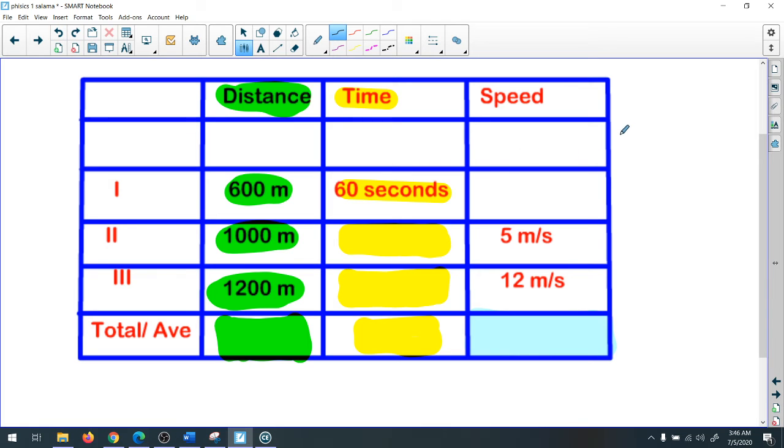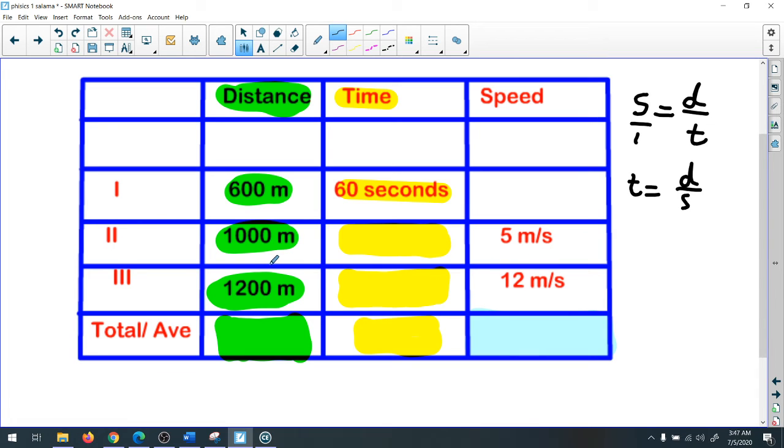I don't want you to write down many formulas, because students told me we need to remember the minimum number of formulas. If you remember that speed equals distance over time, you can derive all the formulas. So if you want to find the time, time equals distance over speed.